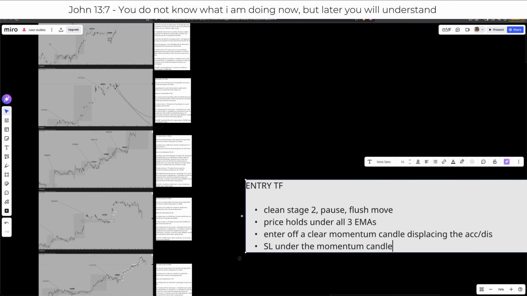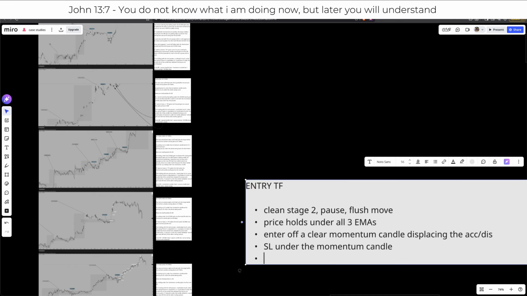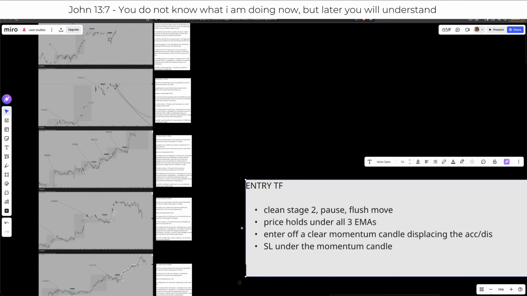A clean stage 2 pause flush. Price holds under all 3 EMAs. Enter off a clear momentum candle displacing the accumulation / distribution. Stop loss under the momentum candle. Do not enter if price is fairly sideways with not a clear flush.